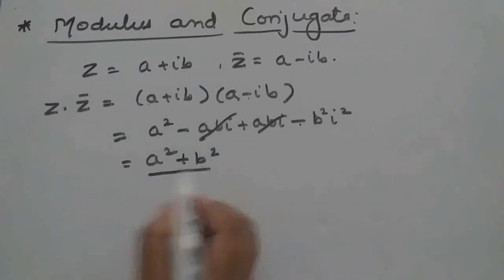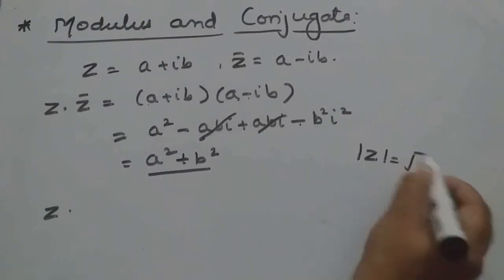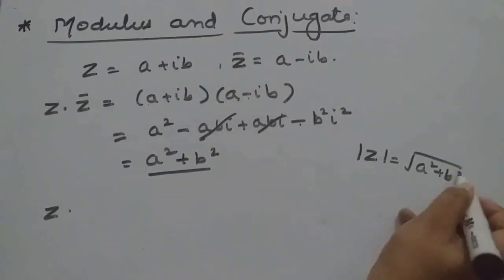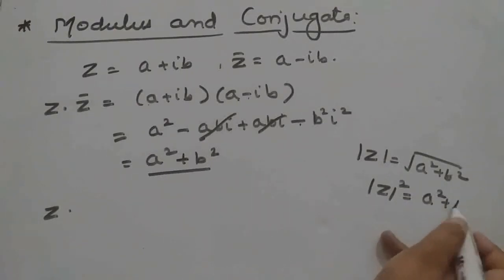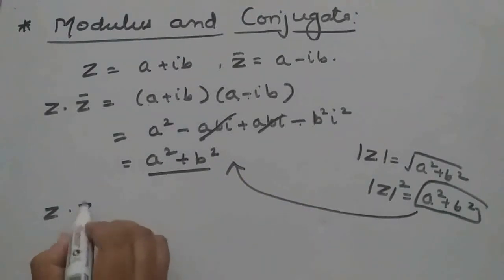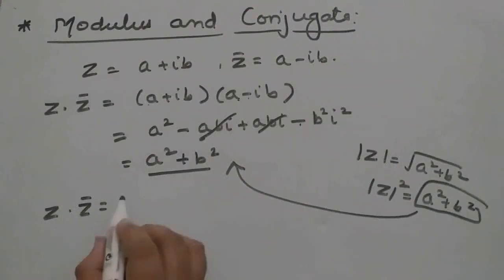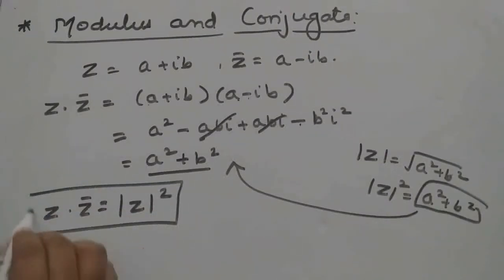So we know mod z is the square root of a square plus b square. Okay, so mod z square will be a square plus b square, which we got here. So we can write z into z conjugate, z bar, is equal to mod z square. Okay, this is the relation between modulus and conjugate of a complex number.